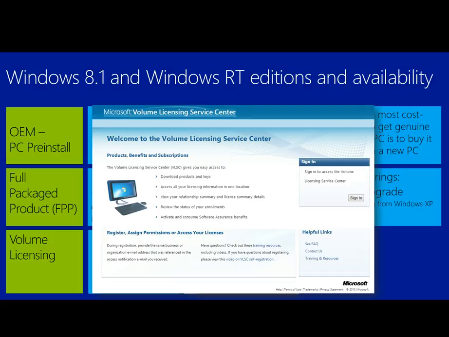Let's say I have 100 machines, 100 devices. If I bought the license through Open or volume licensing, all I have to do is go to Volume Licensing Service Center, log in, and download one installer for 100 machines, and I can use one product key for 100 machines.